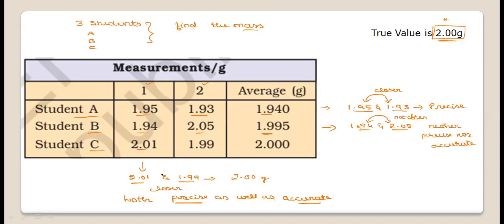Whereas student C data are closer to each other as well as in agreement with the true value 2 grams by averaging. So if precise, then we can consider the values for accuracy. Hence, student C data is both precise as well as accurate.